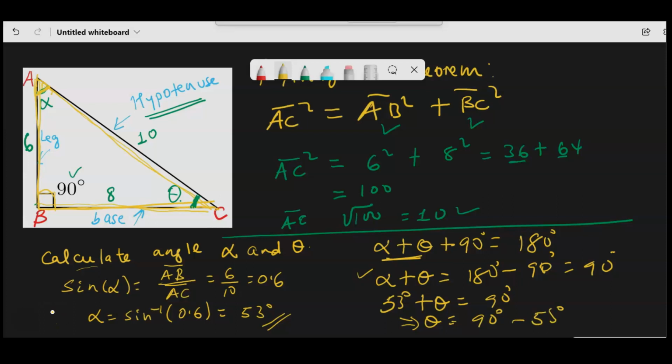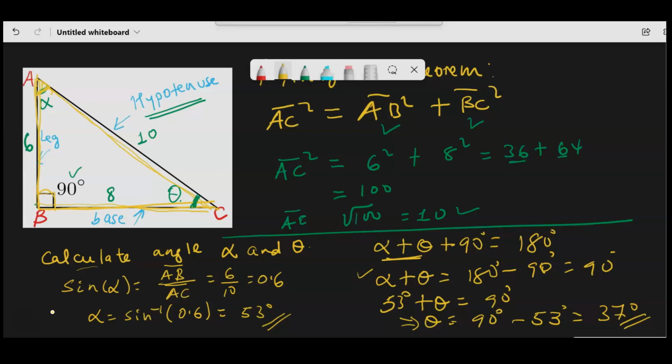Okay, that gives us, this is not exactly 53 degrees, it must be 37 degrees. So theta is 37 degrees. So this is generally how to calculate the missing sides and angles of a right angle triangle.